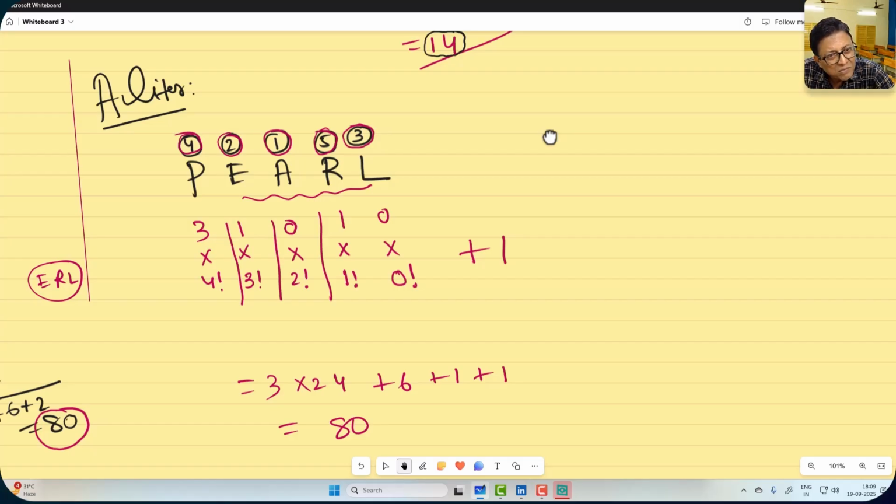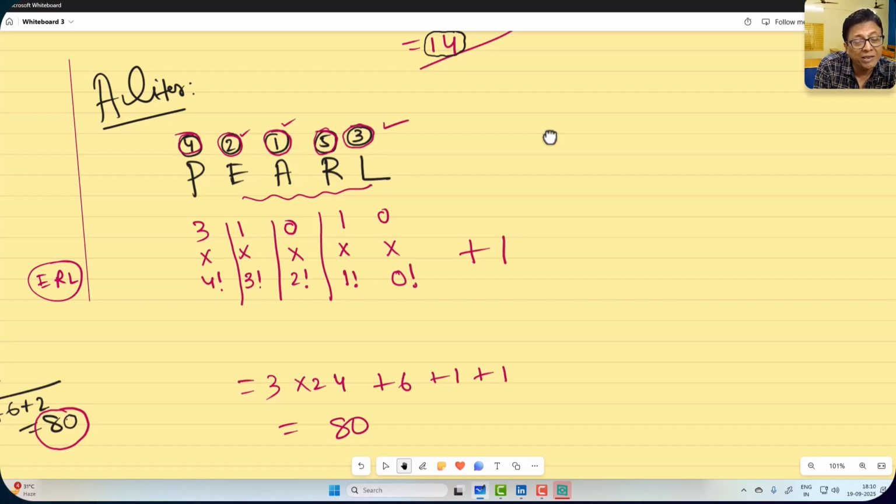Okay? And then you just see on the right side of P how many have ranks less than that of P, that is 4. How many? This is 1, 1 and this one.